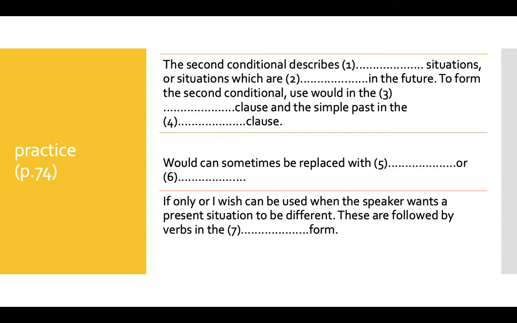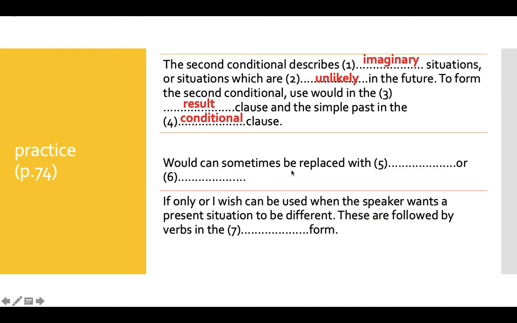And here, let's go over the usage of the second conditional. The second conditional describes imaginary situations or situations which are unlikely in the future. To form the second conditional, use would in the result clause and the simple past in the conditional clause. So the conditional clause is the sentence with if.